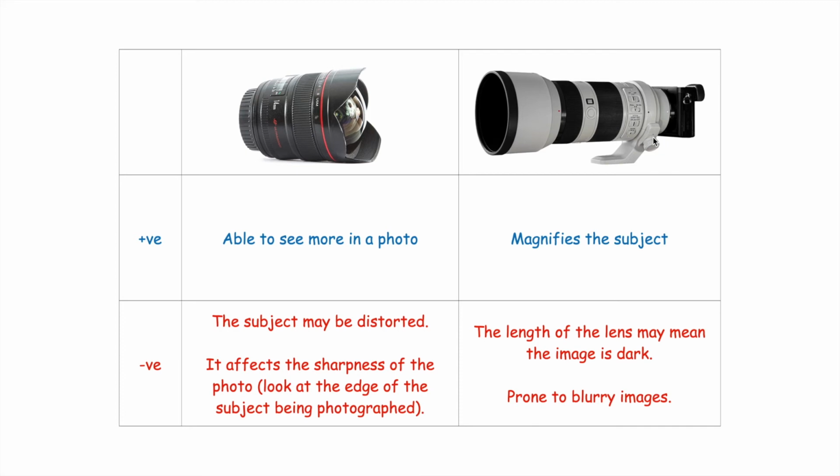But just as it magnifies the thing that you're taking the photo of, so if you're taking a photo of a bird, if you can zoom right into that, not only does it magnify the bird, but it also magnifies your wobbles, your vibrations. So for that reason, I told you that it has this tripod adapter attached to it. And that means that you can attach that lens to a tripod, so you can keep it as still as possible, and therefore reduce how blurry the image could be. Okay.